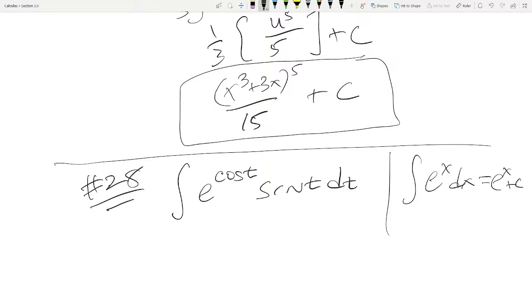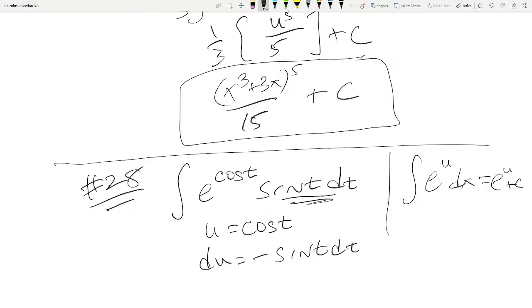So if I was going to get that, or let's say u, well, I better pick u to be cosine. Then du, see how rigged it is, minus sine t dt. Well, look at that. I've already got the sine t there. It had to be put there in order for this integral to work.